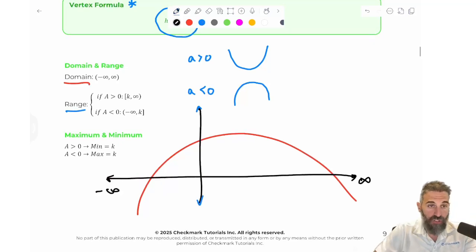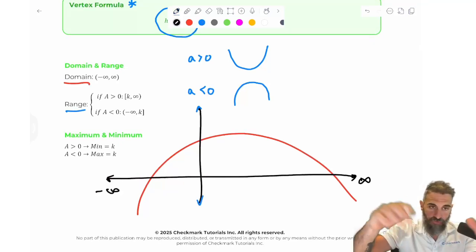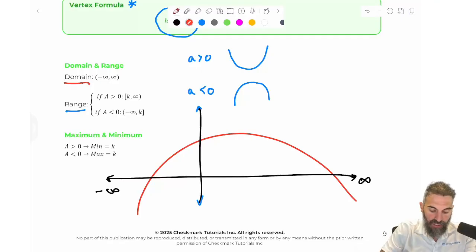It depends on if it's frowning or smiling. If it's a parabola like this, at the vertex you have the maximum. The y value will never exceed that, so it goes from this maximum all the way down to negative infinity. That's what I wrote here.